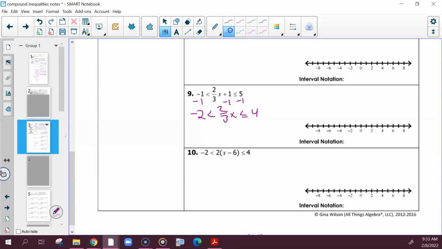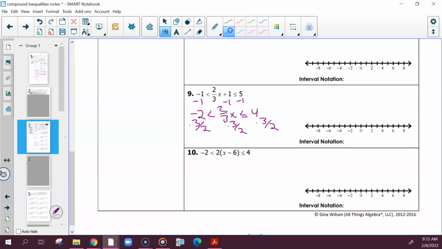Then from there, instead of dividing by 2/3, we could multiply each number by the reciprocal, so 3 over 2. Now, if you have something in the middle that is negative, your signs would still change when you divide. I'll show that here in a second.